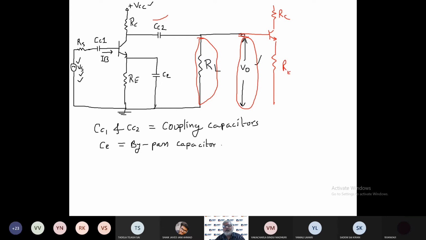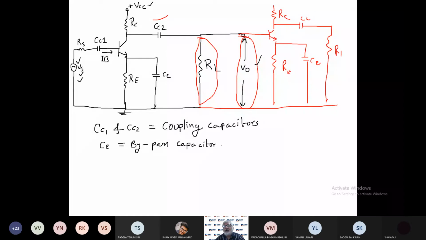This is RE. Here there is one capacitor, CE, this is CC, and here we have connected some load resistor RL, and we are taking the output here.